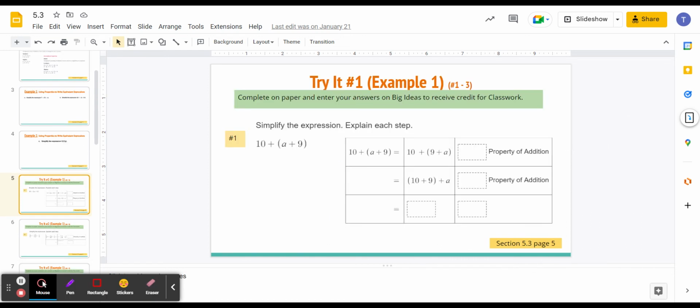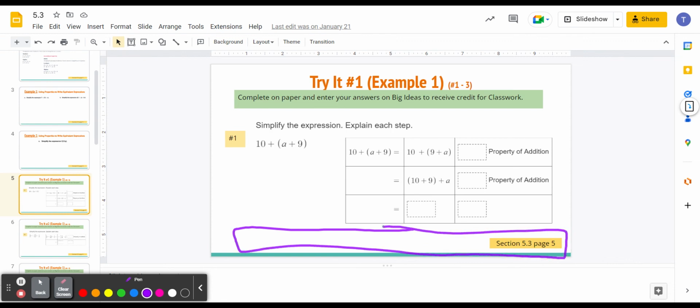I'm going to show you try it number 1 because it's a little confusing the way they do it on Big Ideas, and I want to make sure you understand what they're actually asking for in your boxes. When you go onto Big Ideas and you go to the try its, down below you're going to see a word bank where you can drag items to where they need to go.